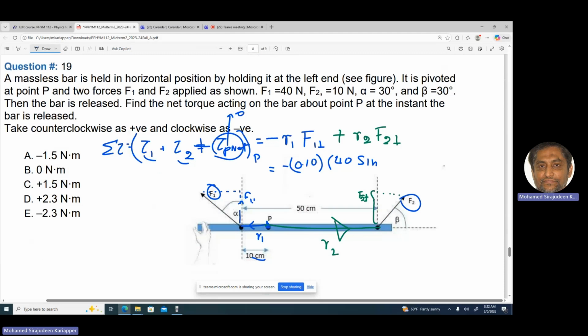We need the perpendicular component, right? Perpendicular to R. The F is making an angle of alpha with R, the alpha that is given to us.